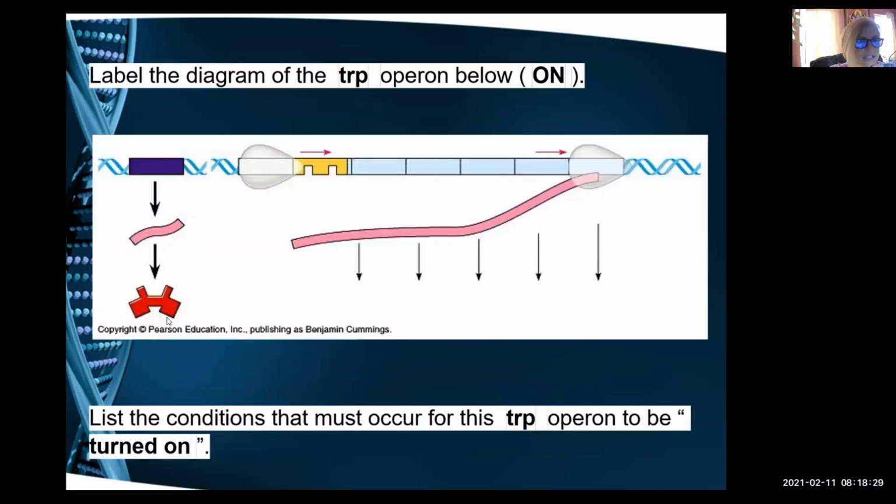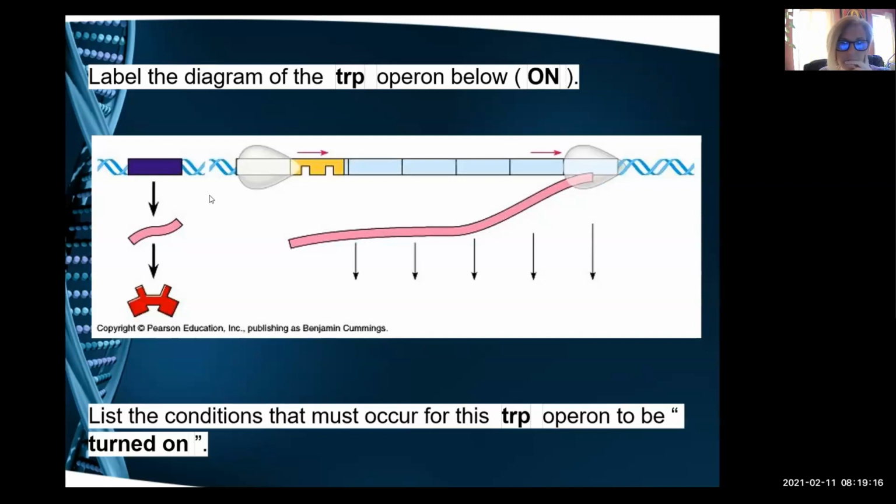Can you identify what each of these structures are? What's this purple box? You guys can shout out loud. So yes, well, this purple box is not the repressor. It does code for the repressor, but see, it's part of the DNA sequence. So this is the regulatory gene that codes for the repressor.